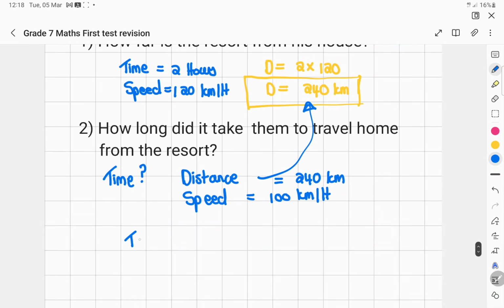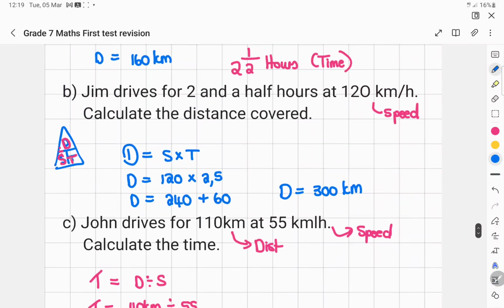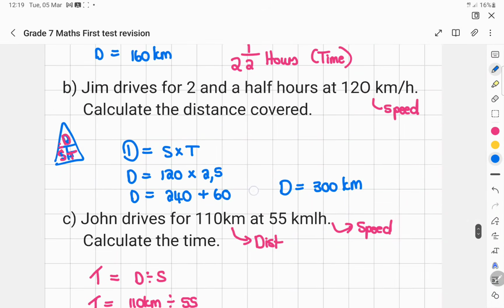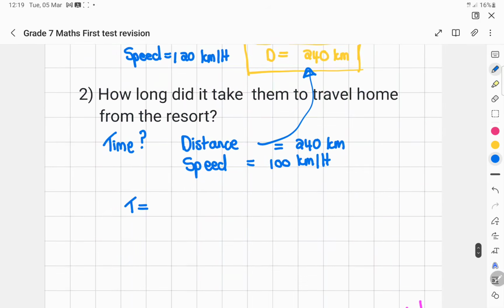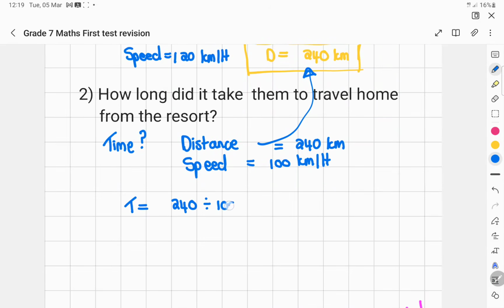Okay, so time is equal to, if you need to look at your triangle again, distance divided by speed, and the distance is 240, divided by the speed is 100. So the time that it took is 2,4 hours.